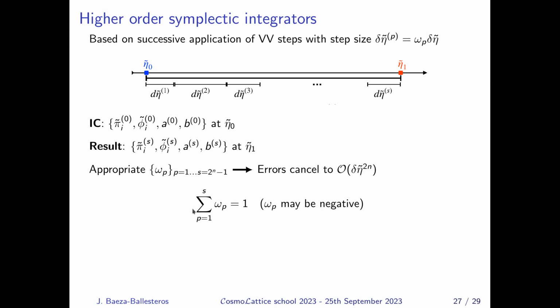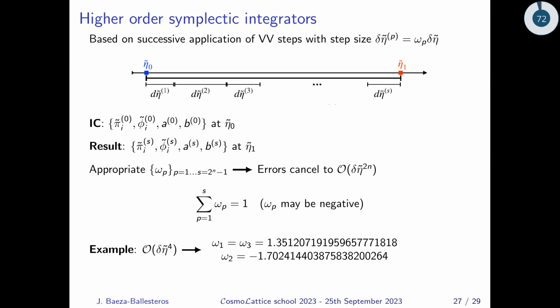And a very interesting thing is that these numbers add up to 1 because we are doing a full time step, but they may also be negative in some cases. For example, in the order delta t to the 4, which is the one I was mentioning, the first time step goes forward in time, then the second goes backward, and then a third time step goes forward again.